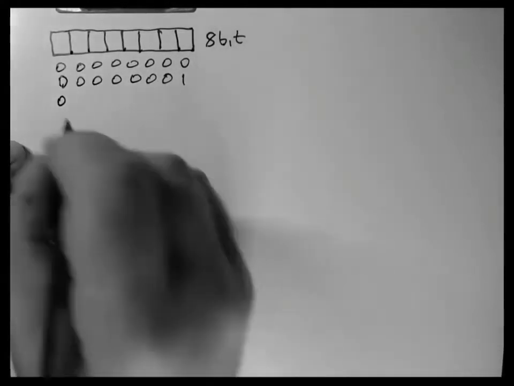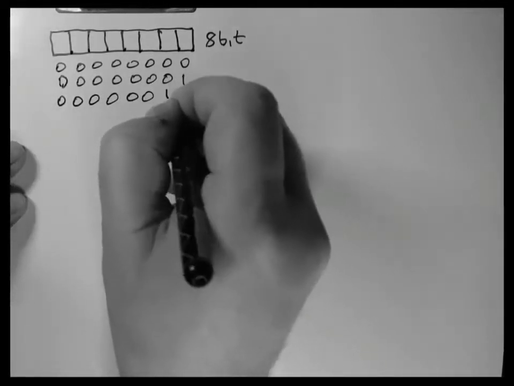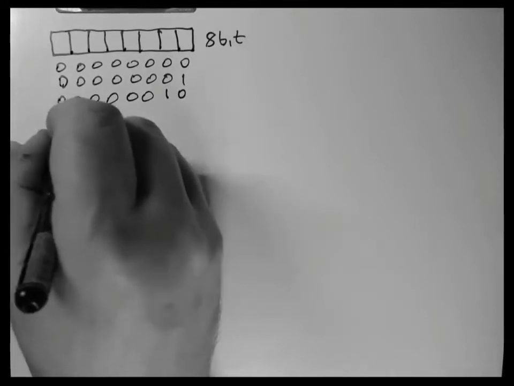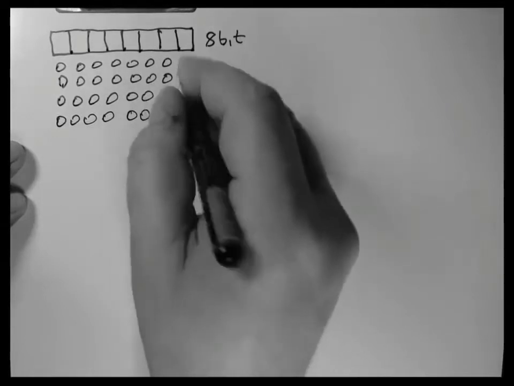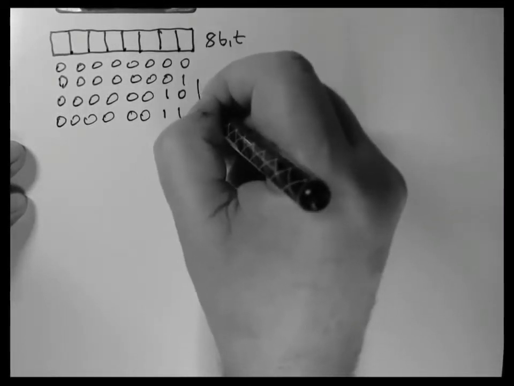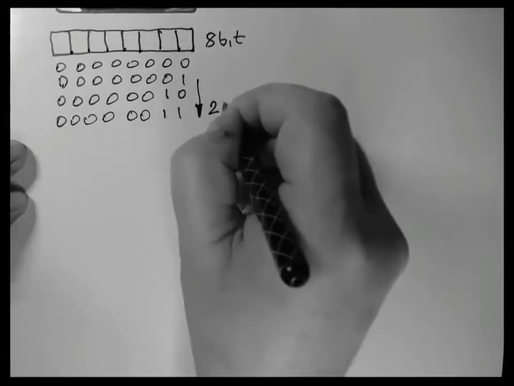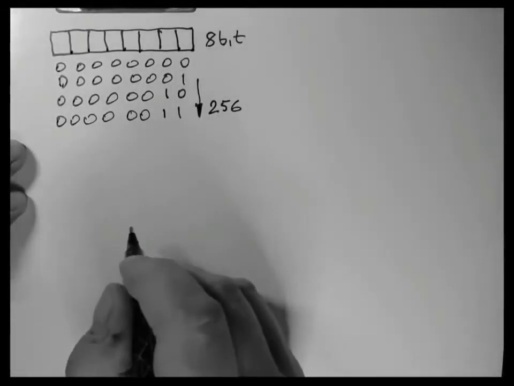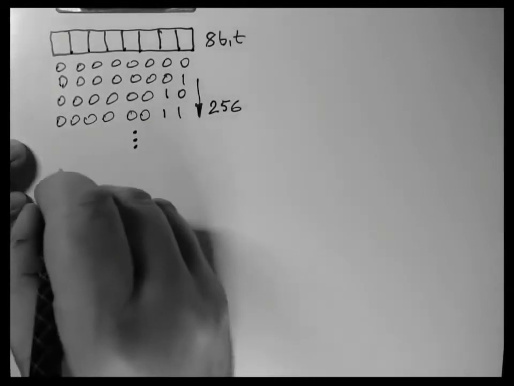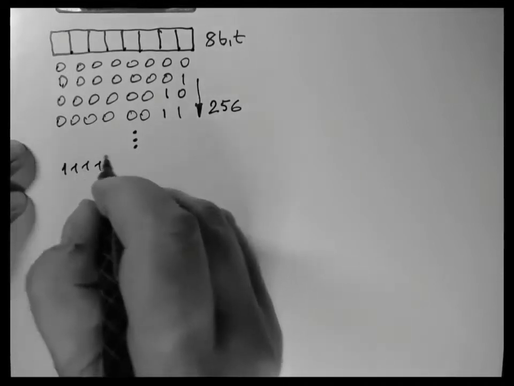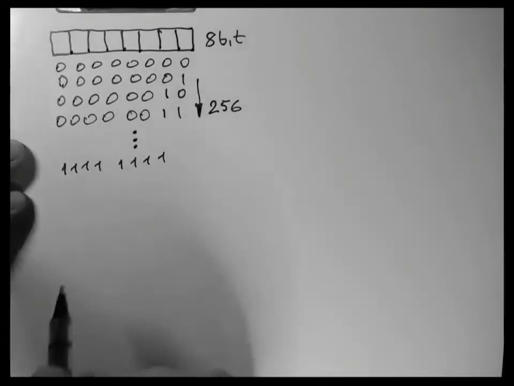The next combination will be 0 0 0 0 0 0 1 0. And the next one will be 0 0 0 0 0 0 1 1. And so on, folks. That will go and go and go, 256 times. So that will be 256 combinations. And we'll finish with the last possible combination, which will be 1 1 1 1 1 1 1 1.